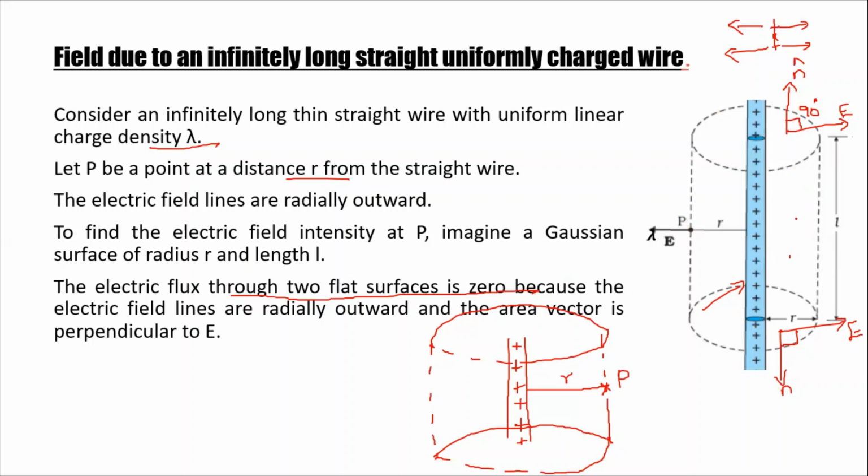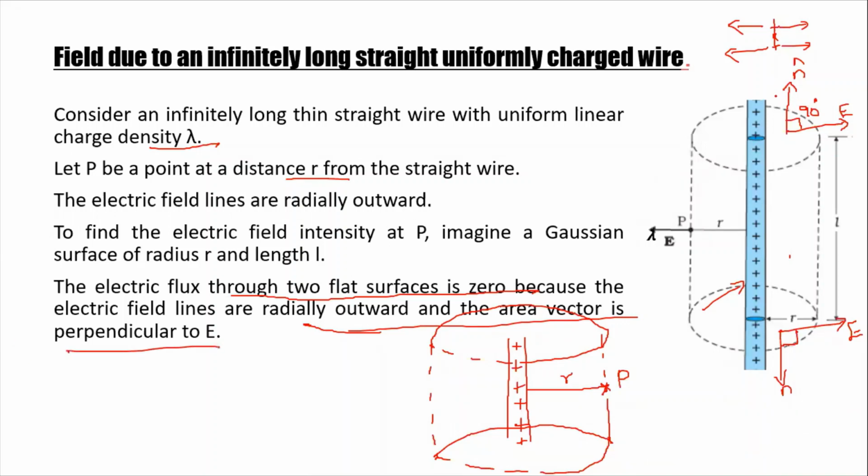For a cylinder, you know from your grade 9 and 10 mathematics, there are three surfaces: two closed, top and bottom surface, and the third one is the curved surface. The field lines will be radially outwards only in the curved surface. There are no field lines through the top and bottom surface, because the electric field lines are radially outward and the area vector is perpendicular to the electric field.